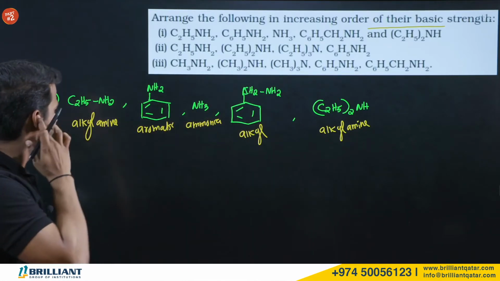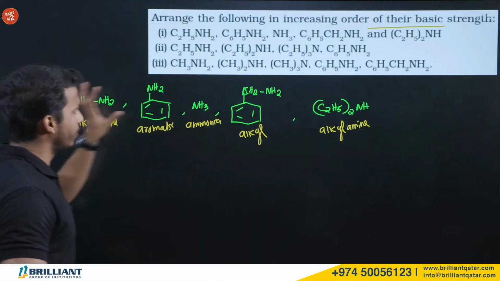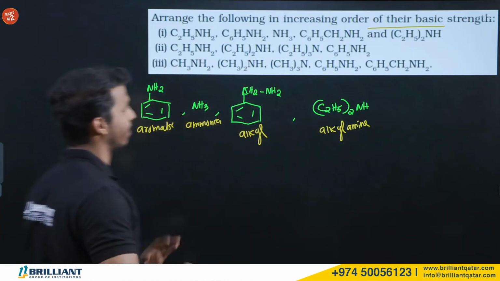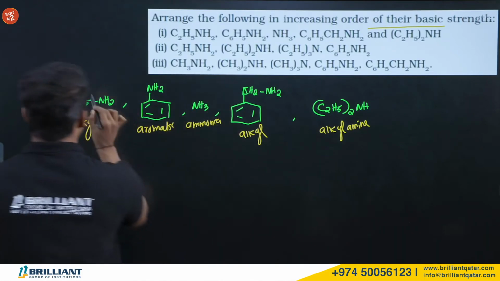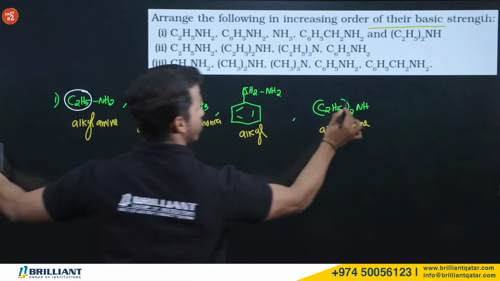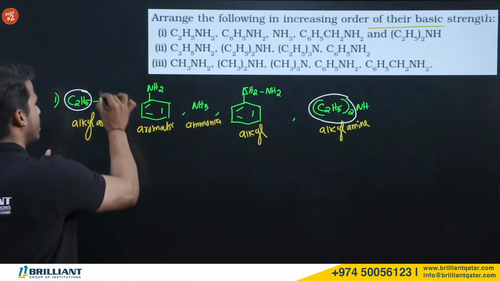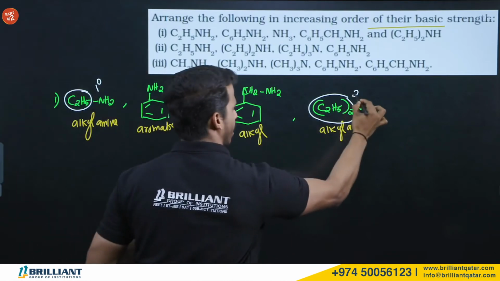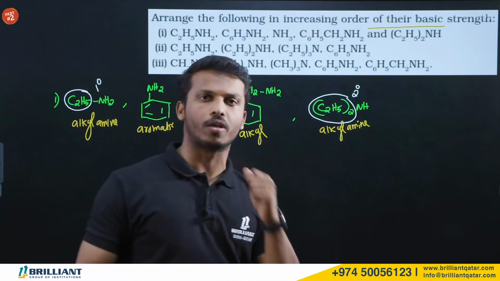Dear student, here alkyl amines are more basic. So this is one alkyl, this is one alkyl. This is ethyl, right? Here you can identify the branch. What branch is this? Ethyl group is the branch. Here also ethyl is the branch. Among these, this is a primary amine, this is a secondary amine. When the ethyl group comes as a branch, what is the order of their basicity?